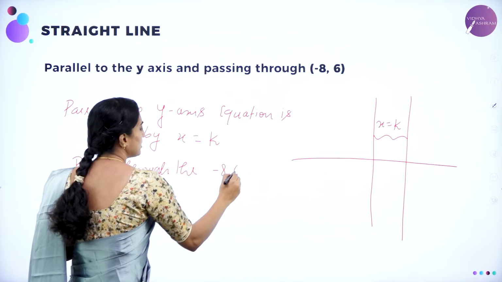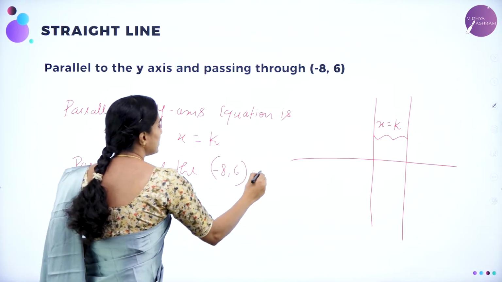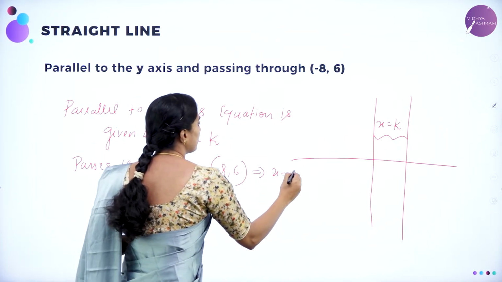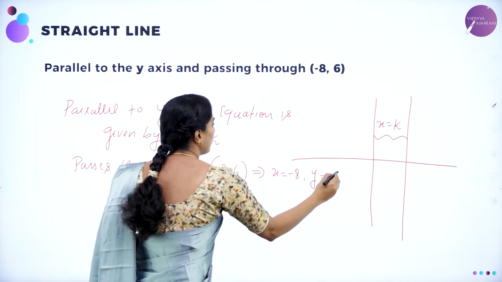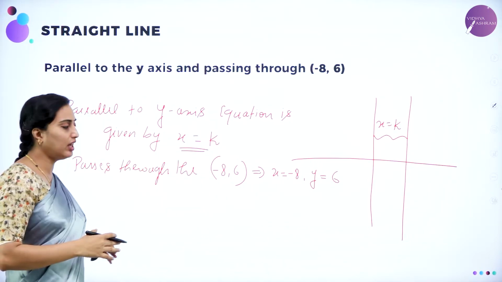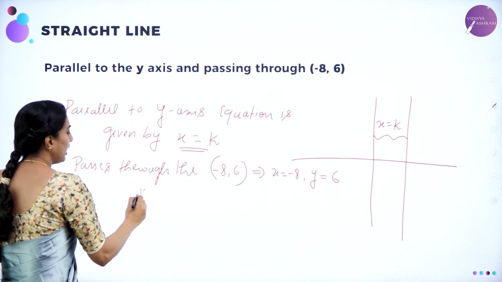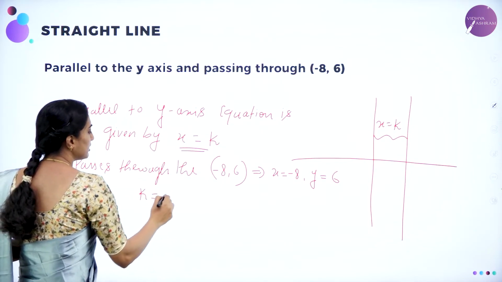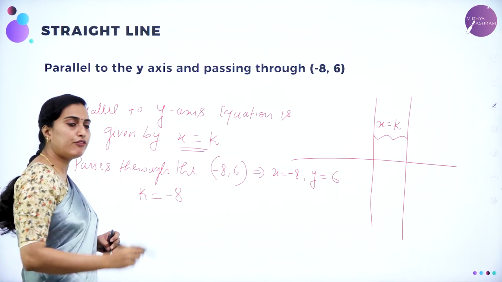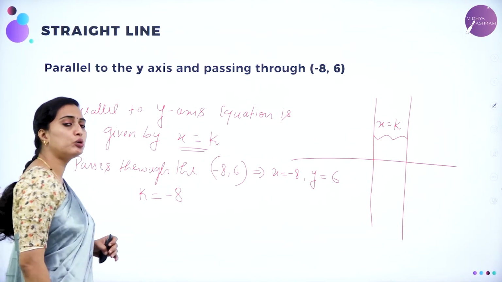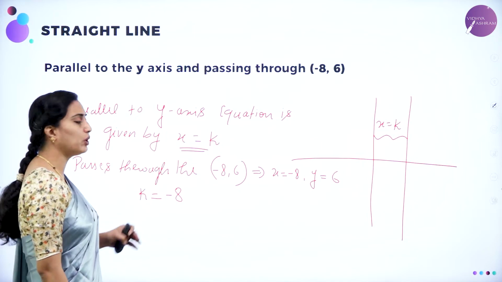Minus 8, 6. So putting x is equal to minus 8 and y is equal to 6 in the equation, we can substitute x is equal to minus 8. If I substitute, k will be equal to x, which is minus 8, so k is minus 8. If k is minus 8, I can substitute back to the equation. So what will be the equation?